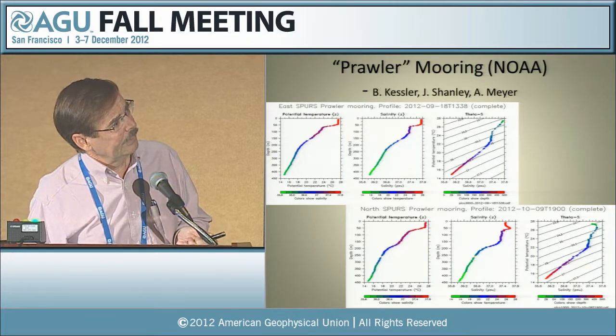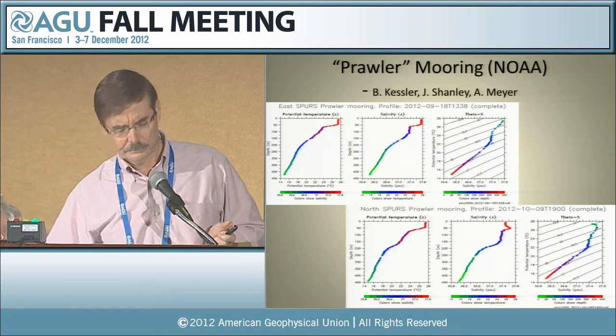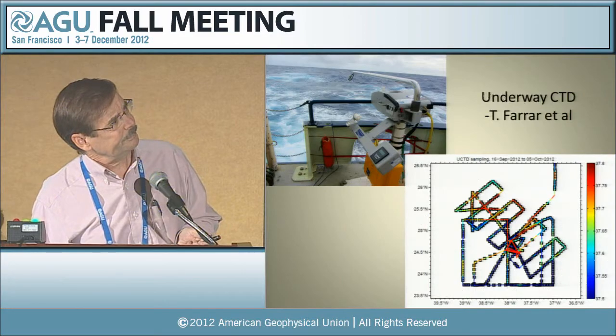And later on in the cruise, this is one of the earliest profiles, this is a later profile from the other mooring. You can see freshwater starting to encroach. Freshwater moved up from the south right at the surface towards the end of the cruise.